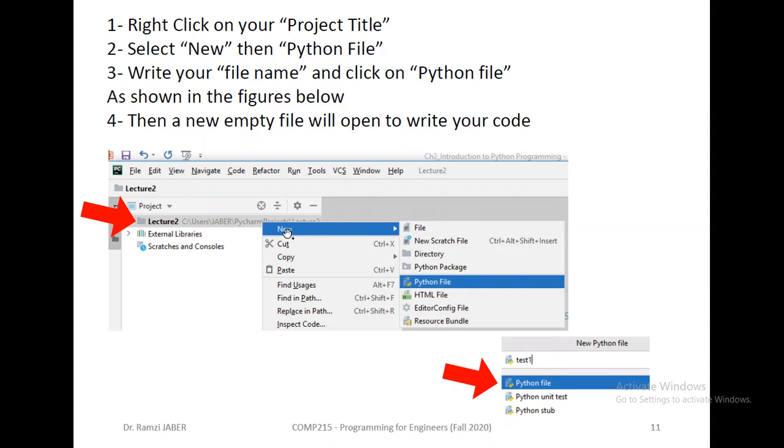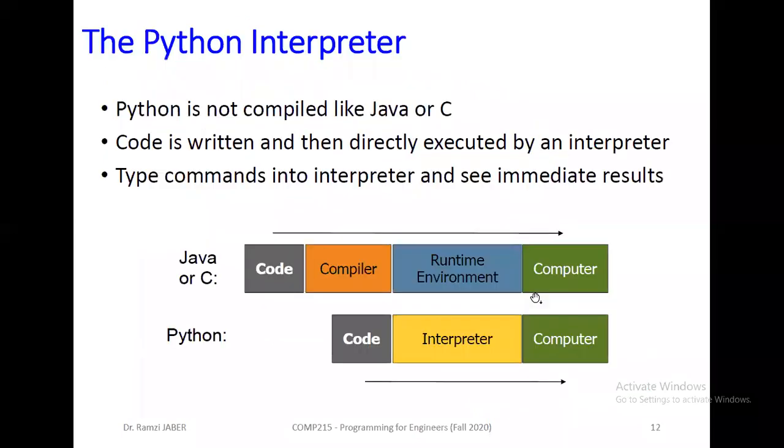So right click, new, then Python file, then write the file name. The first step is to create the project title. Then inside this project, we can add as many Python files as you want. So this is for the file name, and choose Python file. And we did it.